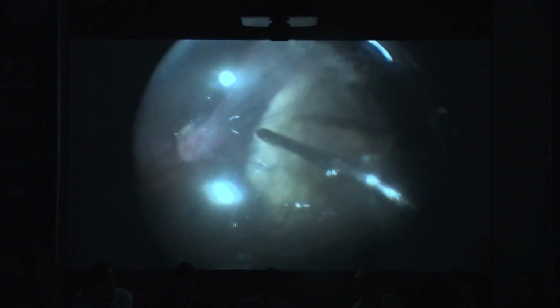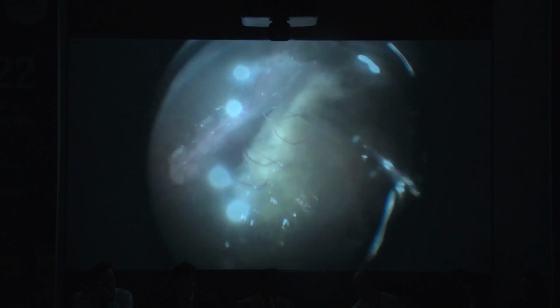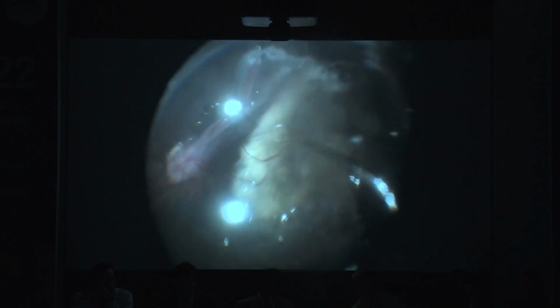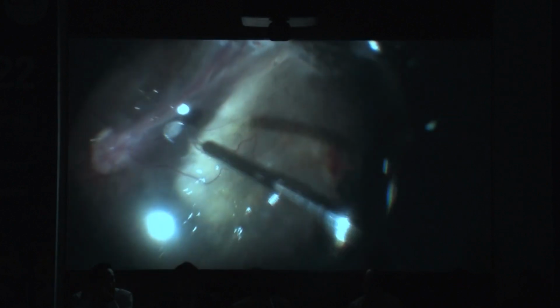Then I used a Flex loop to unfold the residual retinal fold as much as possible. Finally, laser was done around the retinectomy margin and all around the periphery. PFCL was removed and silicone oil injected.